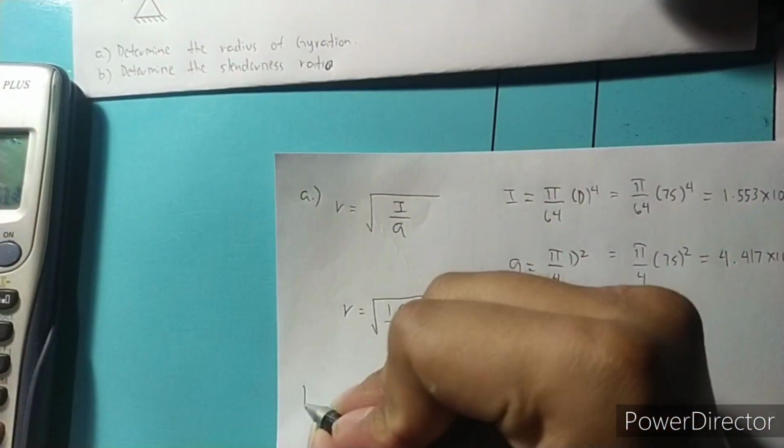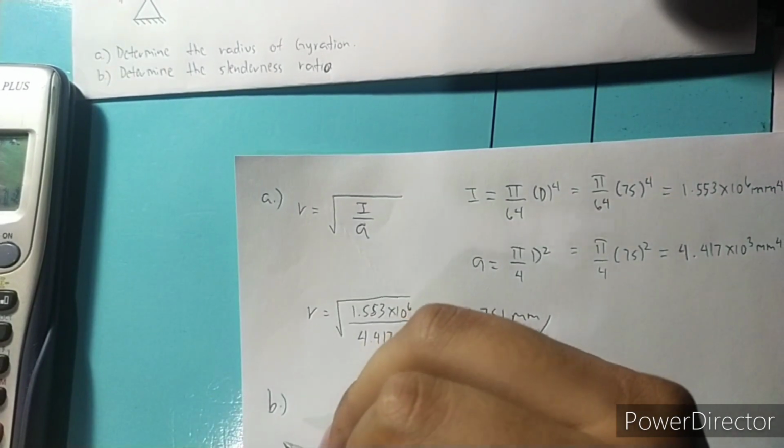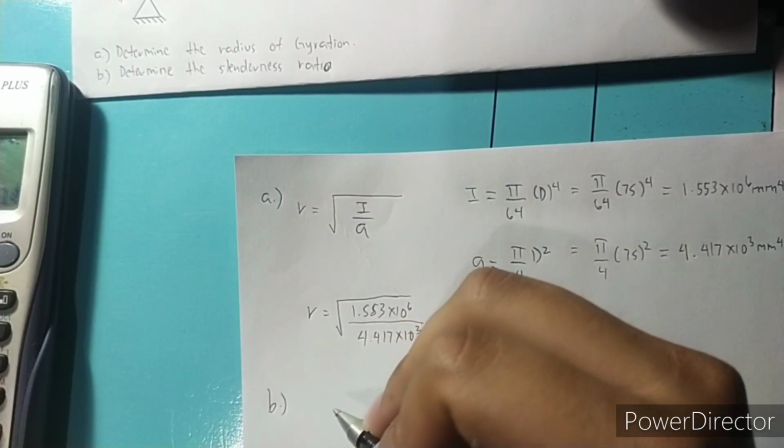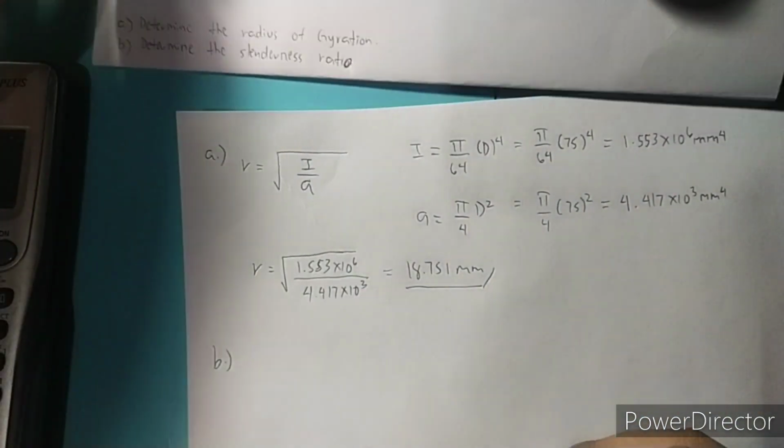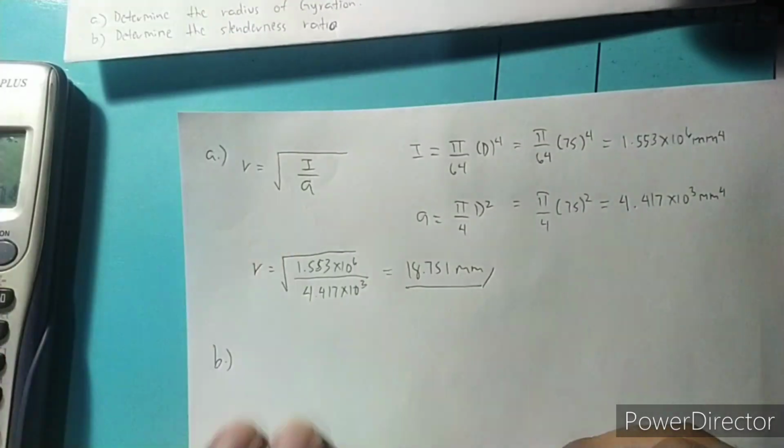For B, we find the slenderness ratio. Determine the slenderness ratio.